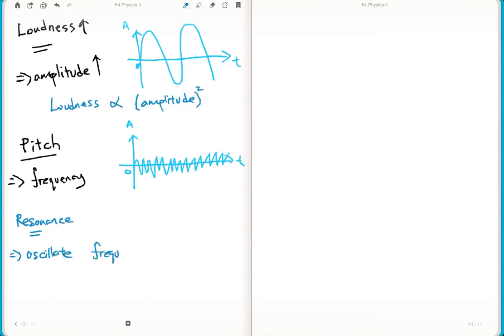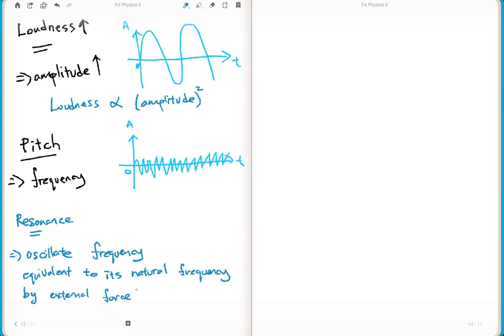The one that you put into it is equivalent to its natural frequency. Don't memorize this. I will show you an example by maybe external force.